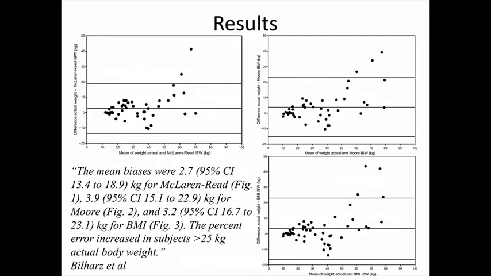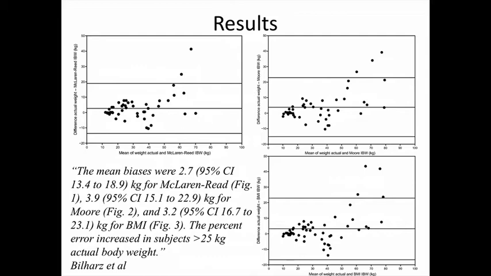We'll go over them in a little more detail later, but this quote says here, the mean biases were 2.7, 3.9, and 3.2 between each of those methods. The McLaren-Reid method was 2.7 versus actual body weight. The Moore method was 3.9 versus actual body weight. And the BMI method was 3.2 versus actual body weight.